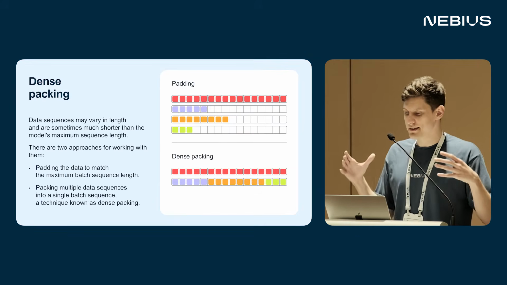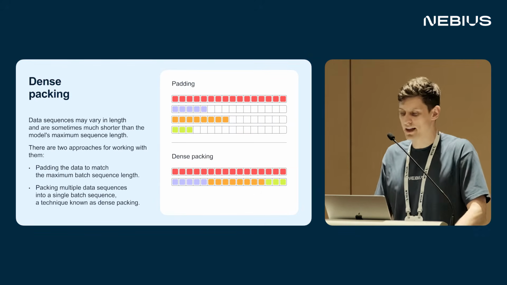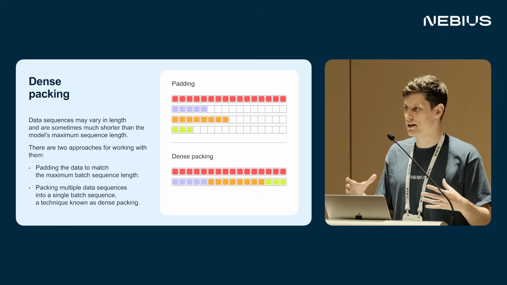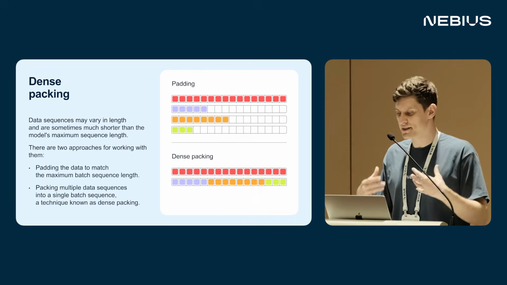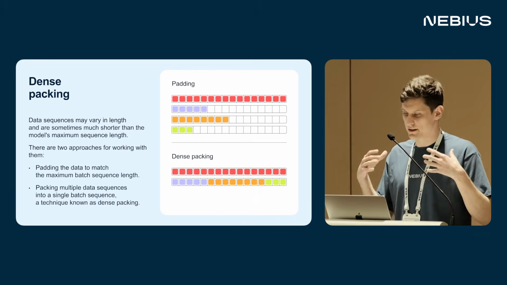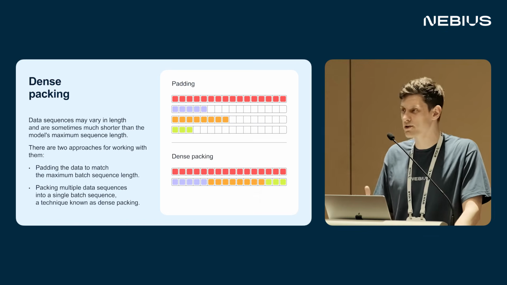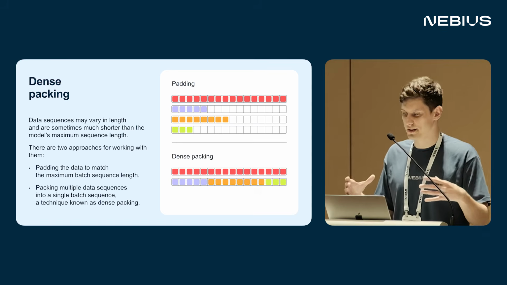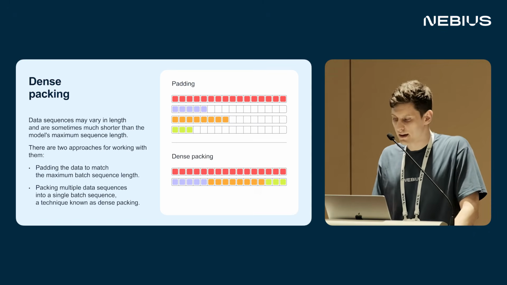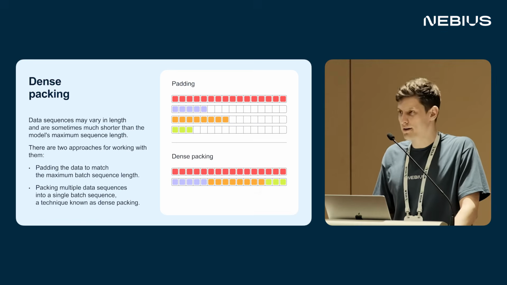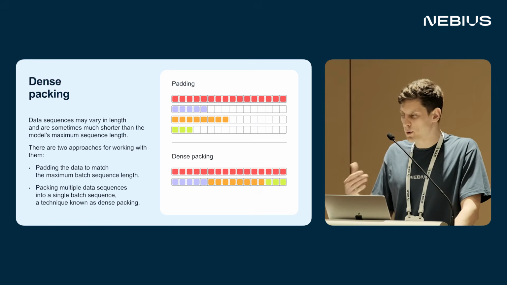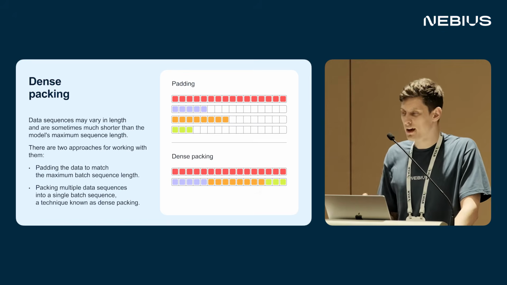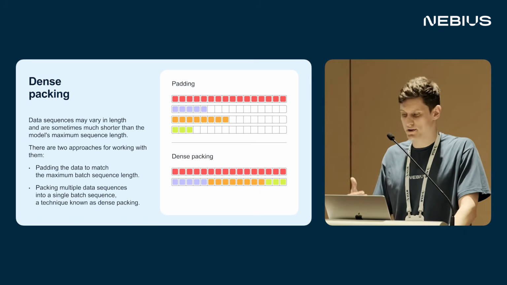But real-world data sequences aren't always the same length. And in JAX, which requires all compiled function arguments to have static shapes, we typically handle this in two main ways. The first one is padding. You just pad the shorter data sequences up to the maximum sequence length. It's simple but very computationally wasteful, because all pad tokens require compute resources without actually affecting the training process.